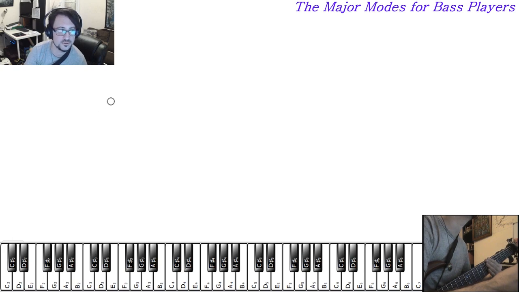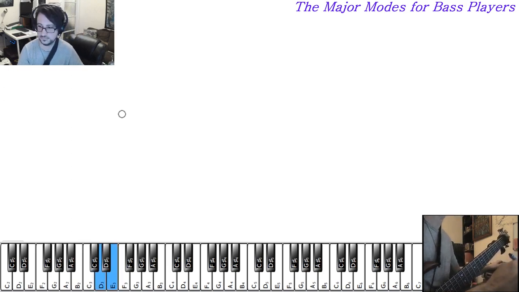So a mode is basically for every scale. So say for example we've got C major scale.